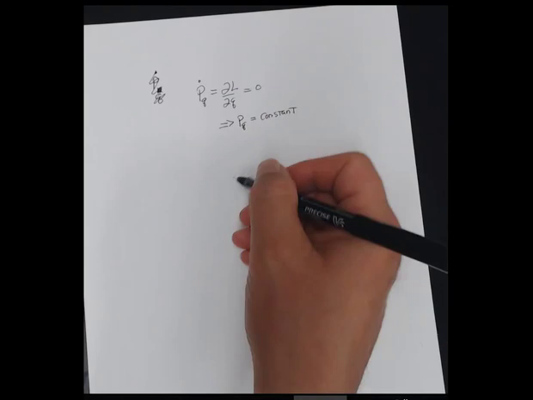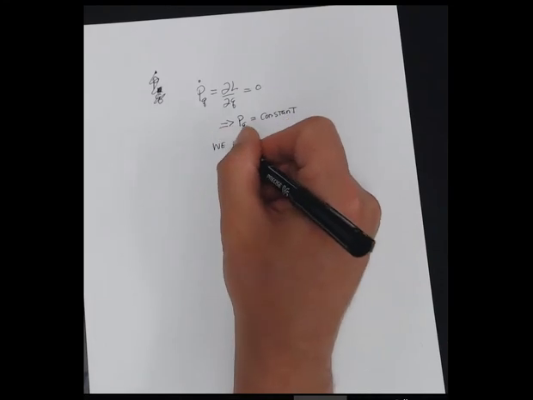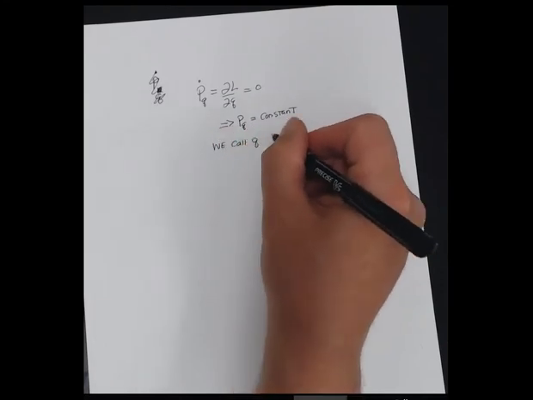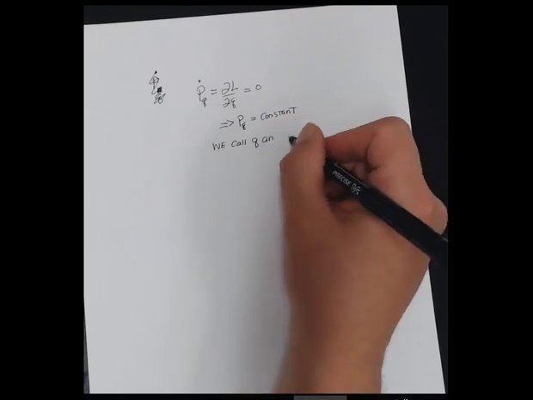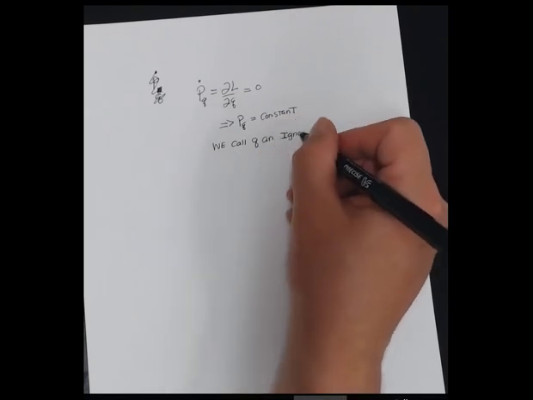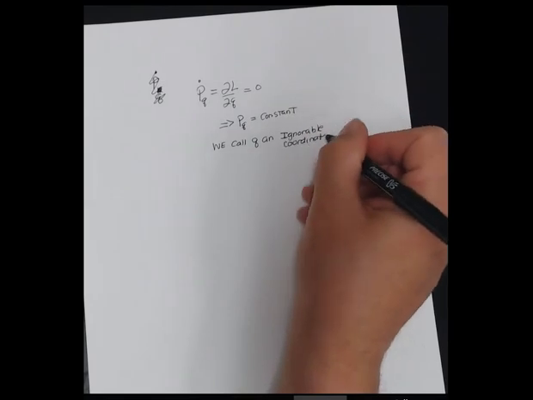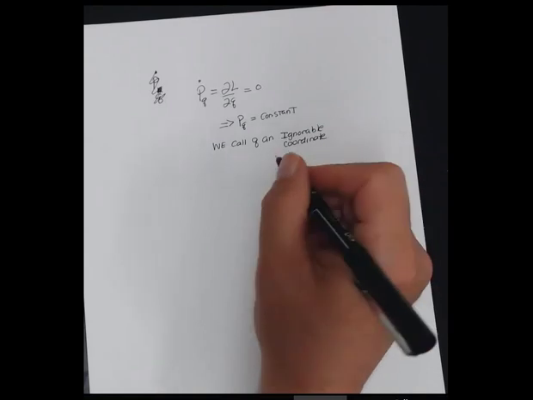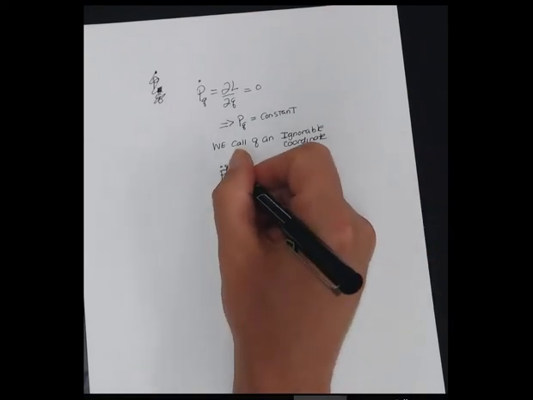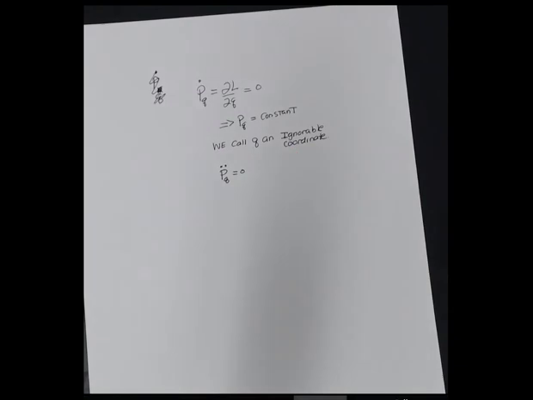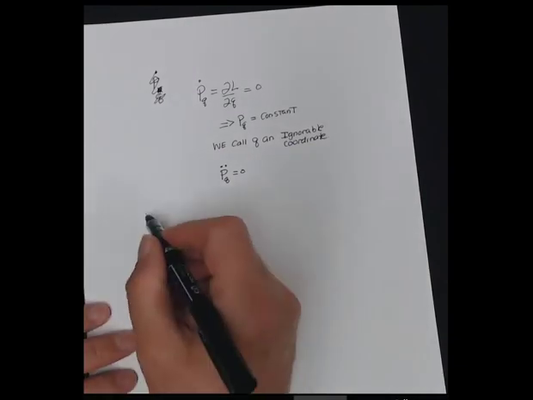And if that's so, we call the coordinate q an ignorable coordinate. Meaning it's not going to be very interesting. It just means for that coordinate q, momentum is a constant, so there's no force, because that just means p dot q is 0. So that's what an ignorable coordinate is.